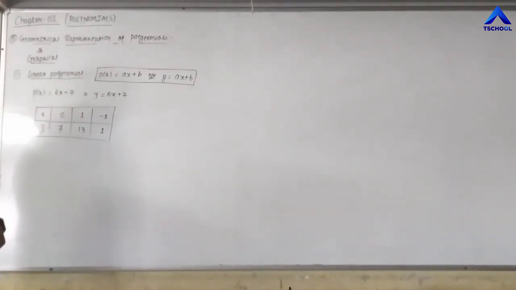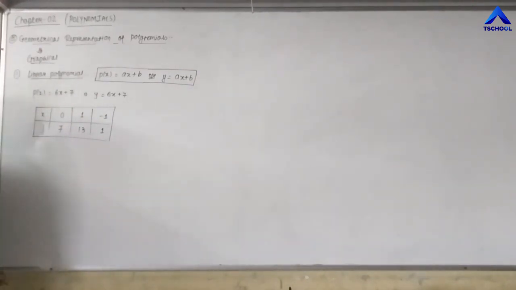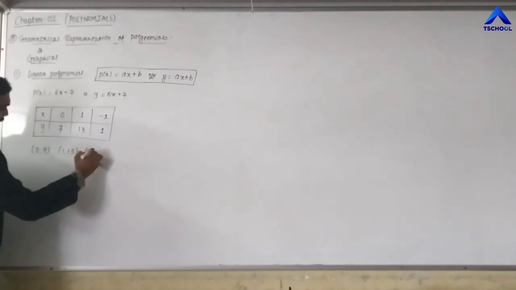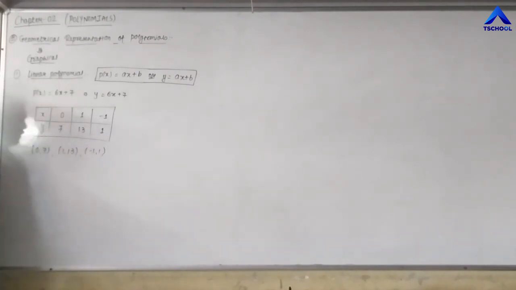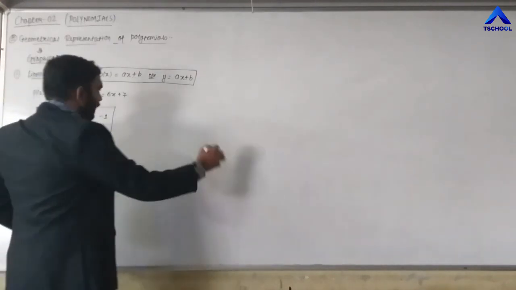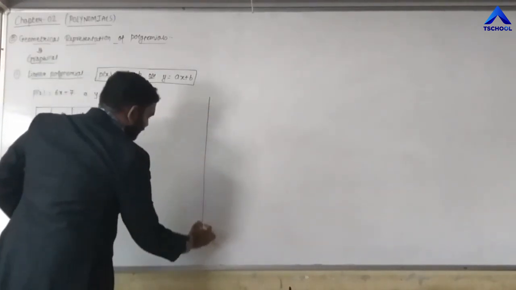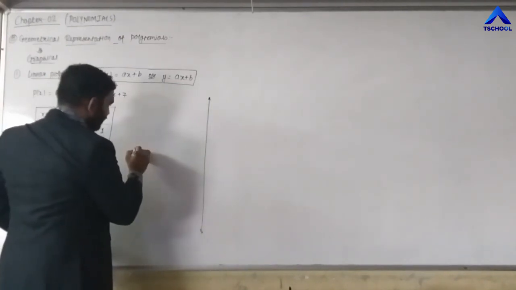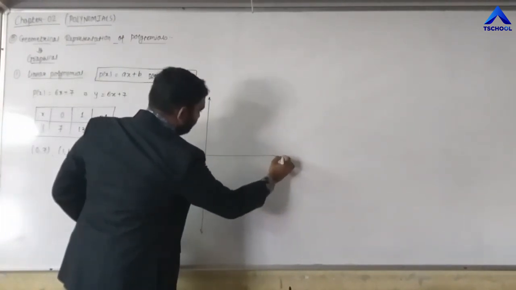Yes or no? Yes, good. So we got some ordered pairs for the solution, that is (0, 7), (1, 13) and (-1, 1). We are going to simply plot these on the graph and I shall get the graph of this linear polynomial. Let us look quickly at how the graph of a linear polynomial is.